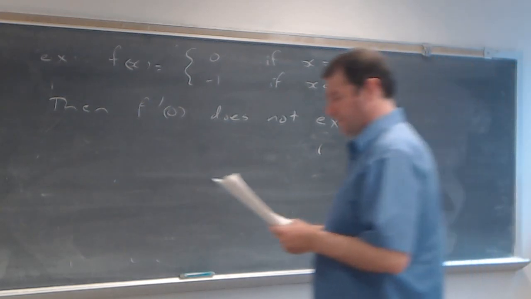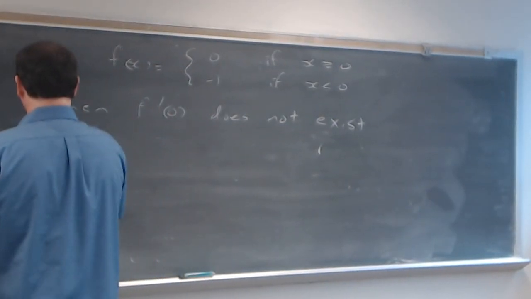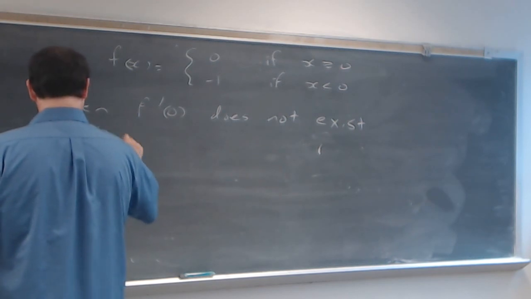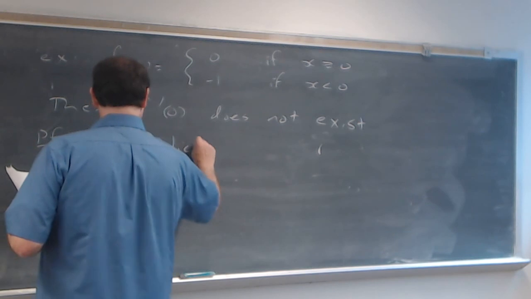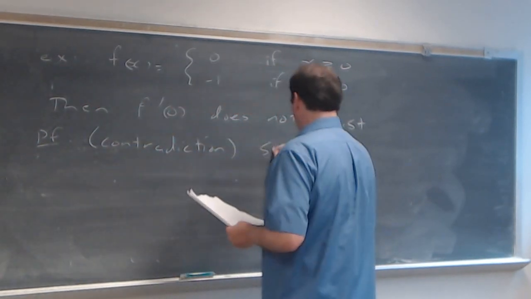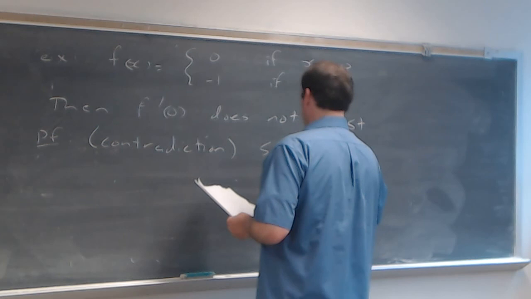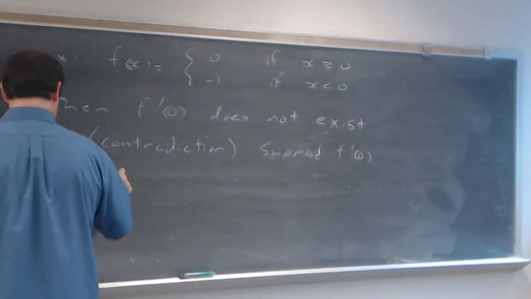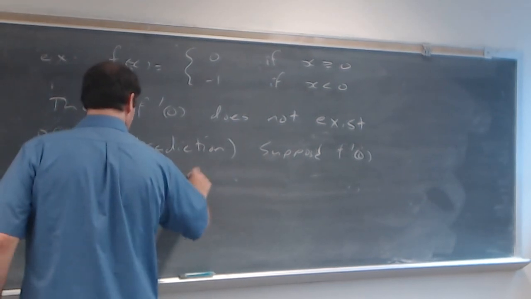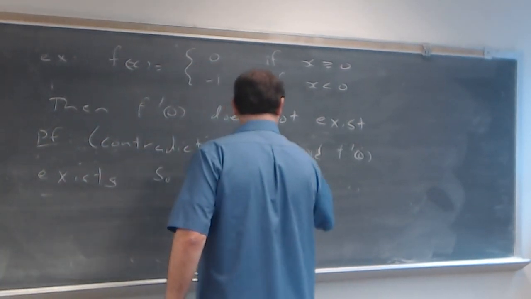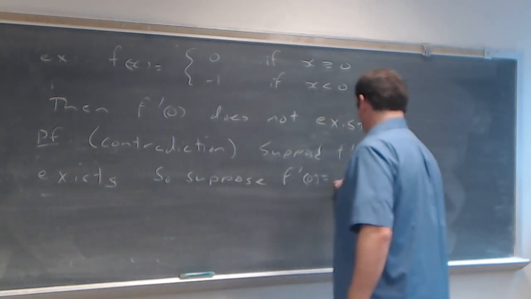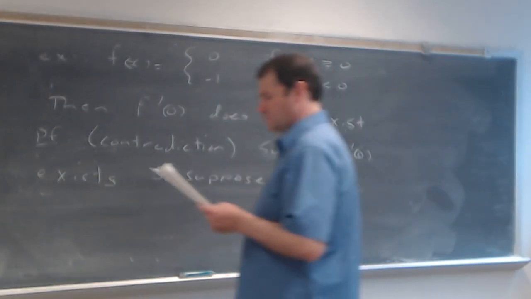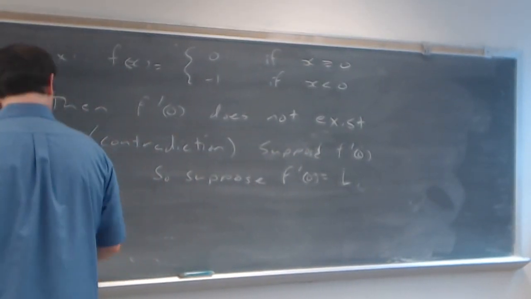And so we want to prove that. And we'll prove it by contradiction. So here, let's suppose f prime of 0 exists. So suppose f prime of 0 equals some real number. Let's call it L. Okay.